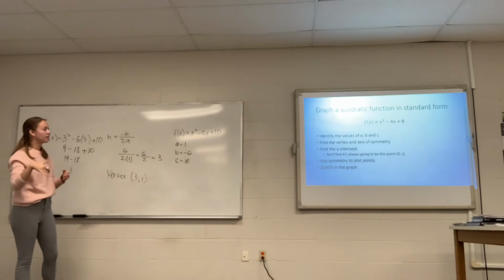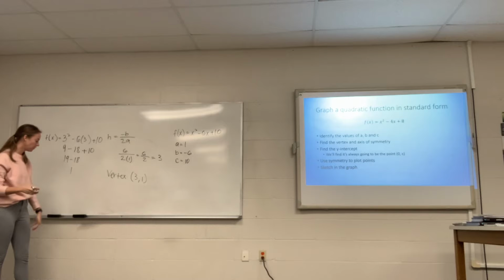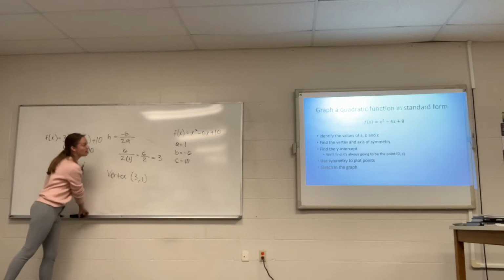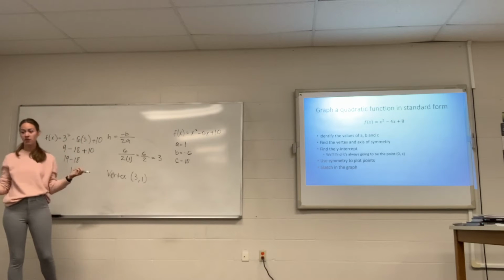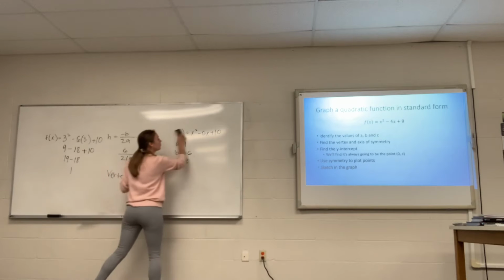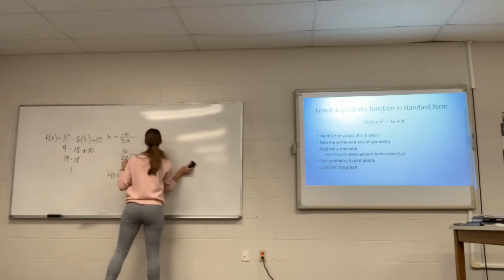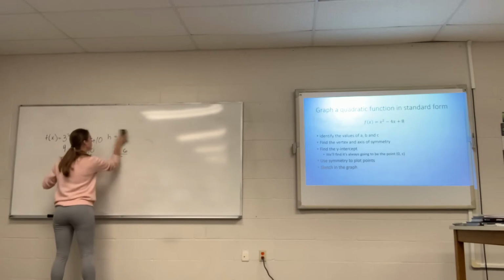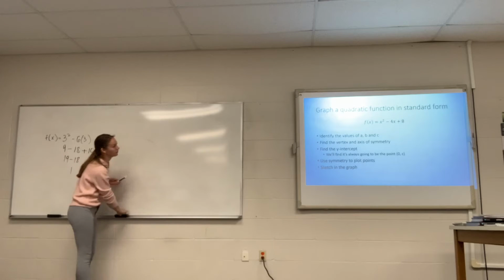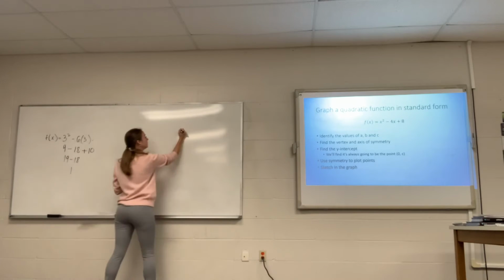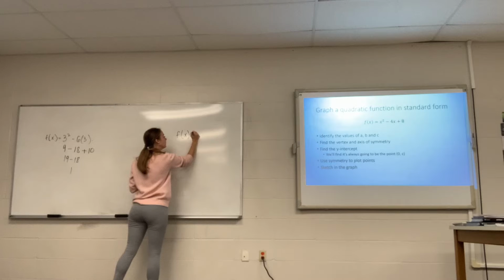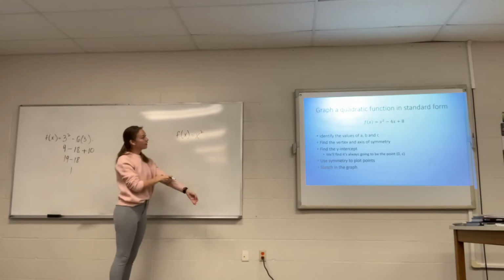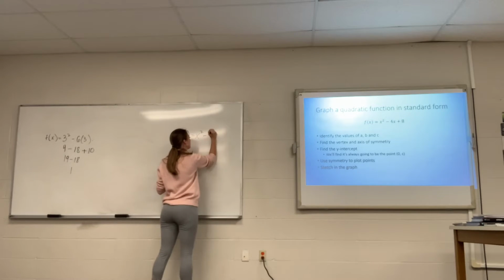So first, I have some helpful steps for how to graph this. It says identify my values of a, b, and c. So my equation, f of x is equal to x squared minus 4x plus 8.